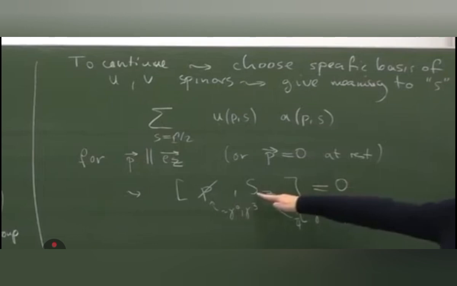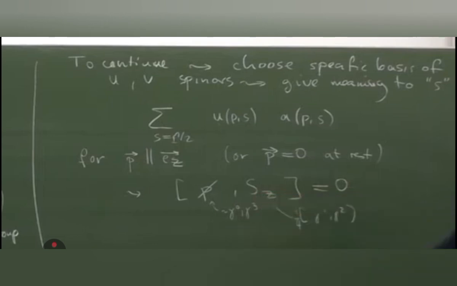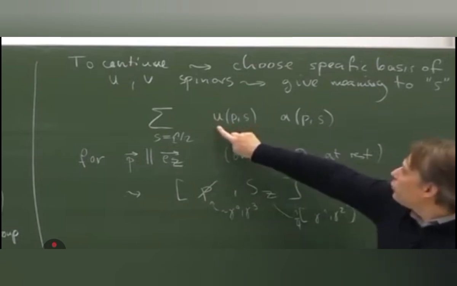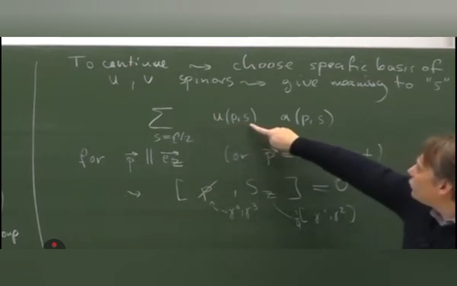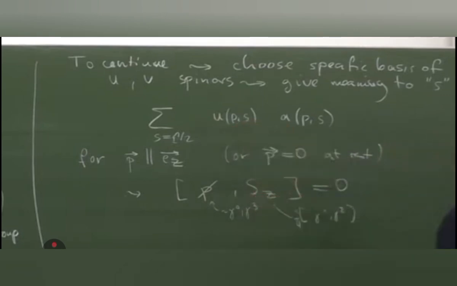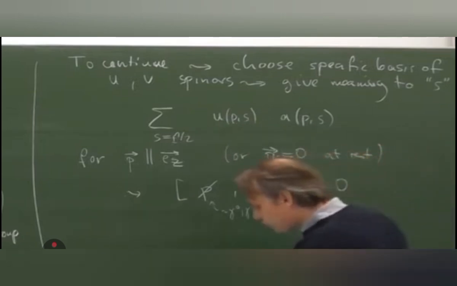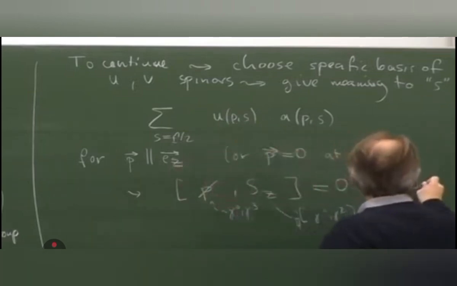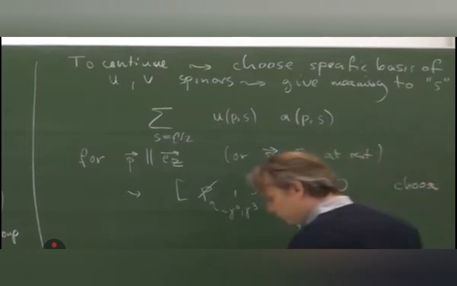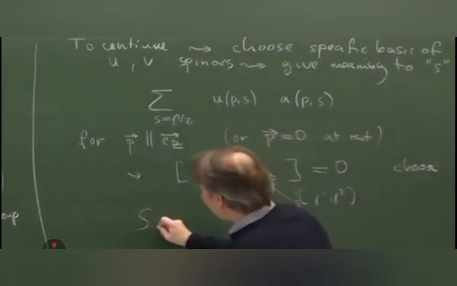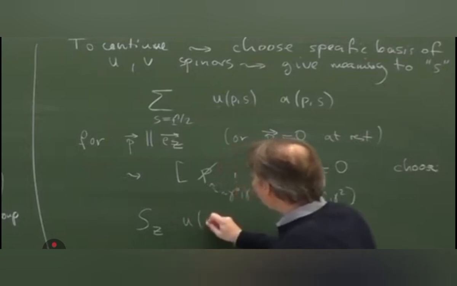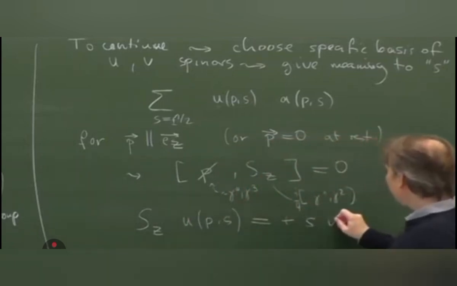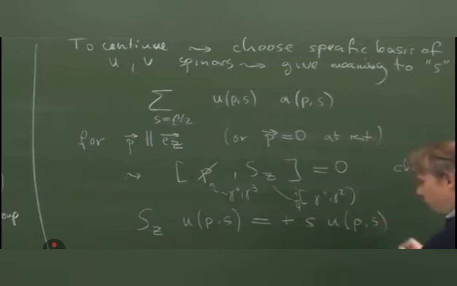Therefore, the eigenvalues are plus minus 1/2, and so now that means that we should choose, or the useful choice is to define U of P comma S as the eigenspinors to SZ with eigenvalues plus minus 1/2. And therefore, we now choose SZ acting on U of P comma S equal plus S times U of P comma S.